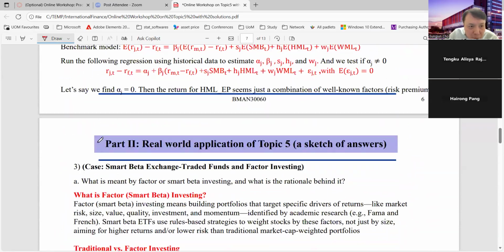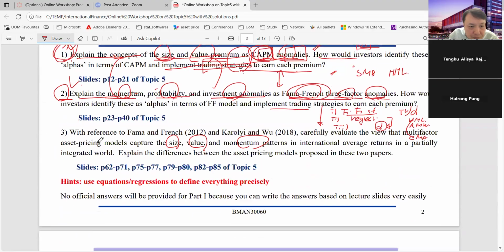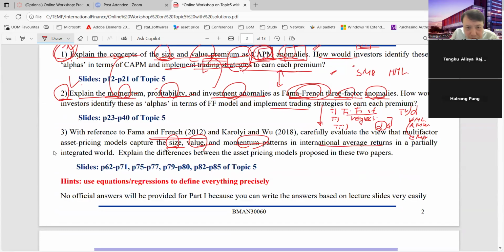So let's go back to this question 3 here. We want to explain size, value, momentum pattern in international average return. Well, Fama-French three-factor model, this paper starts by using world CAPM, just like the question 1.